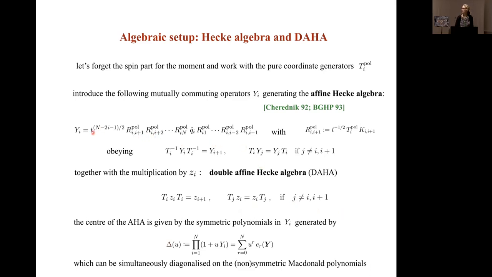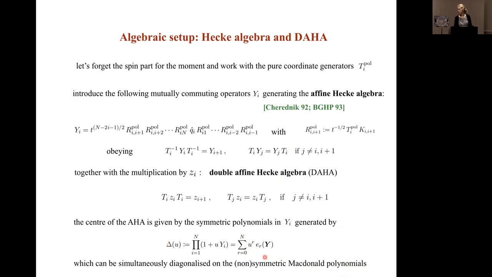I'm not sure if I mentioned that these Y operators mutually commute, like the Dunkl operators were doing. So the center of this affine Hecke algebra will be generated by these symmetric polynomials in the Y operators. And they can be considered as integrals of motion for the new model. So that's something which is known from the 90s, which is behind the theory of Macdonald polynomials.